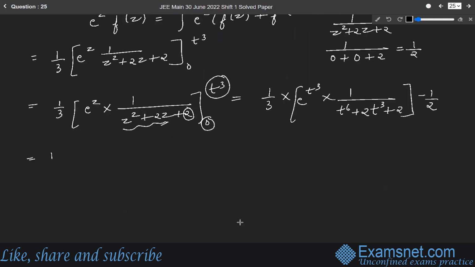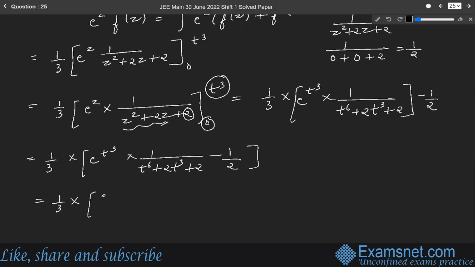So this will be 1 by 3 into e power t cube into 1 upon t power 6 plus 2t cube plus 2, minus 1 by 2. All right. Now we have the value of f of t. This is the exact value of f of t. Okay, we can arrange this as 1 by 3 into e power t cube divided by t power 6 plus 2t cube plus 2, minus 1 by 2. This is the value of f of t.